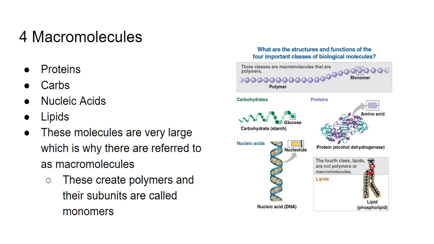Lipids are very interesting in the fact that they don't have specific monomers and they are not considered polymers. This graphic says they are not considered macromolecules. It is really just dependent on who's telling that to you, I guess. Some scientists or some people consider lipids as not macromolecules because they don't have a foundational monomer that makes up a polymer, right?